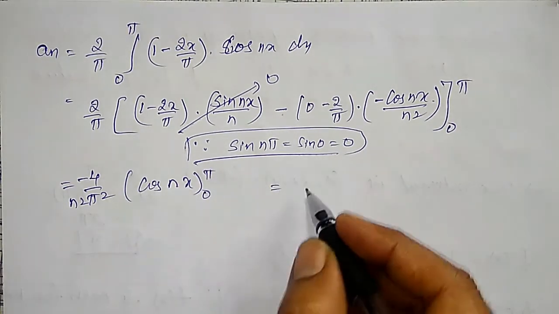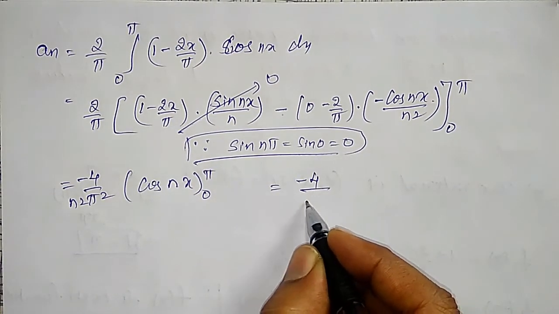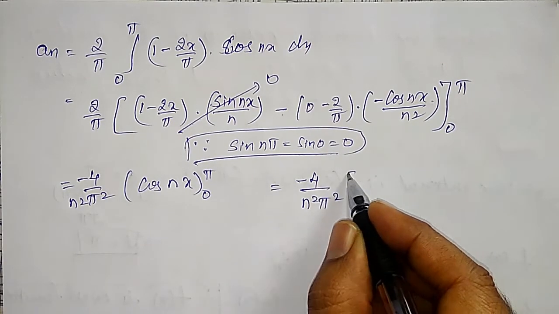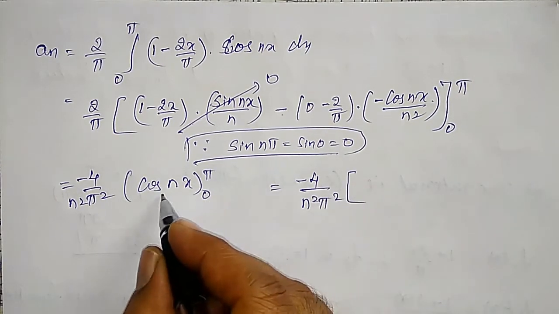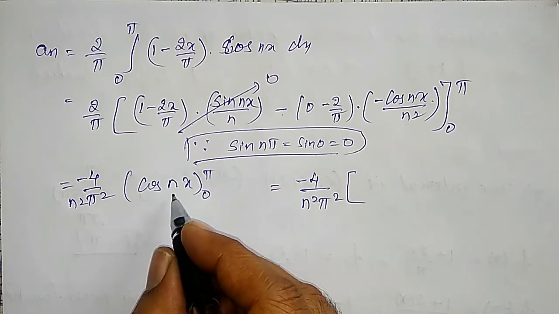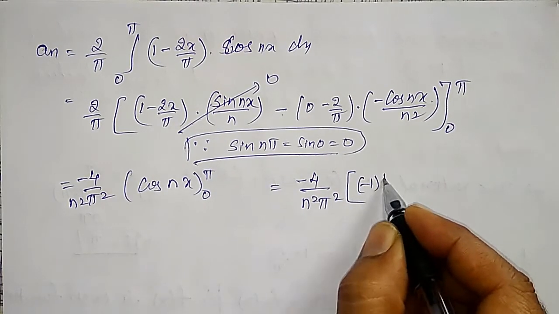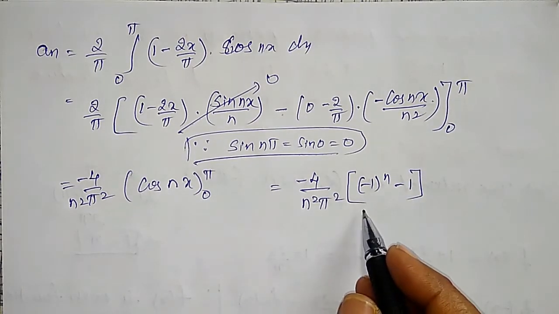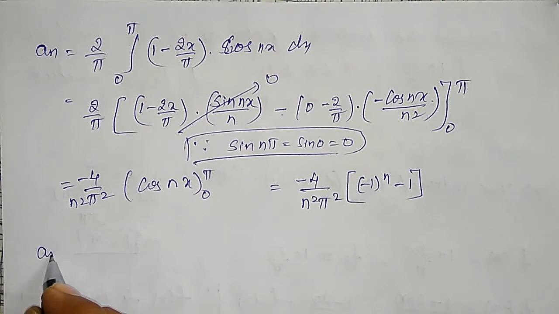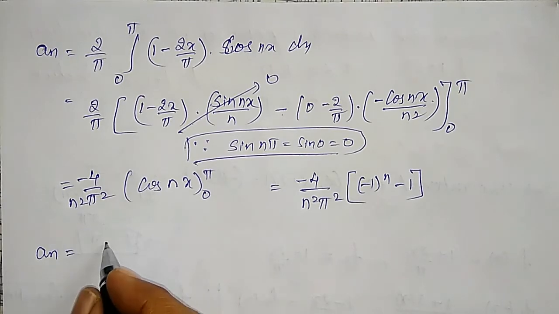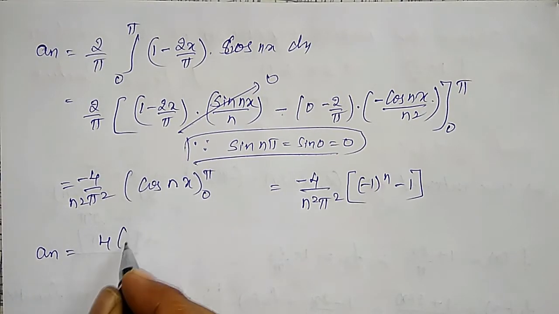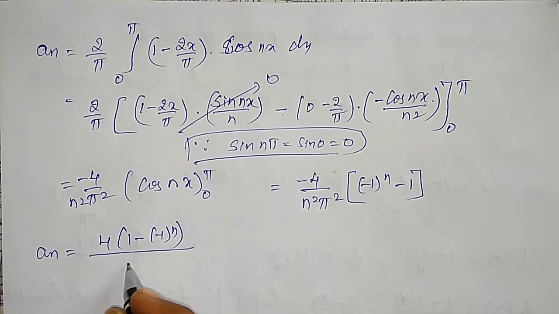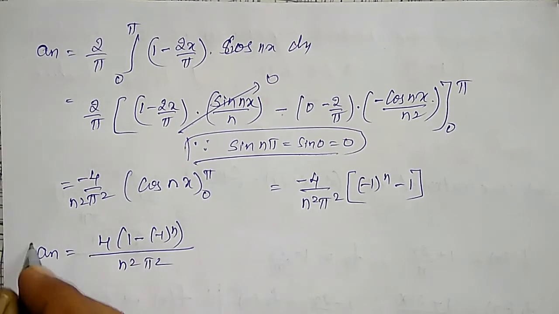Substitute upper limit minus lower limit: minus 4 divided by n square pi square into upper limit cos n pi. Cos n pi is minus 1 raised to n. This is my an, or I can write an is equal to 4 times 1 minus minus 1 raised to n divided by n square pi square.